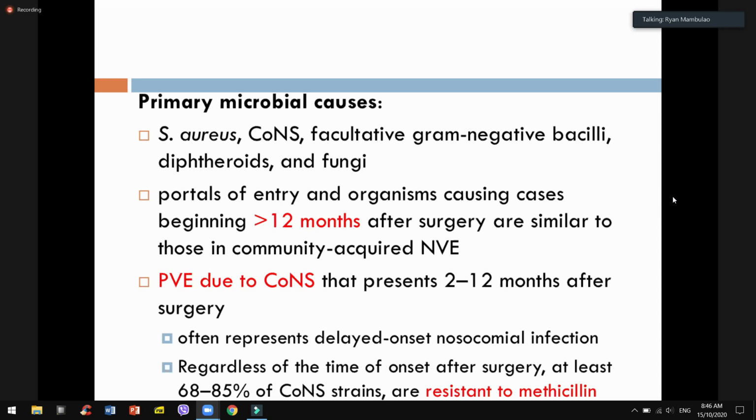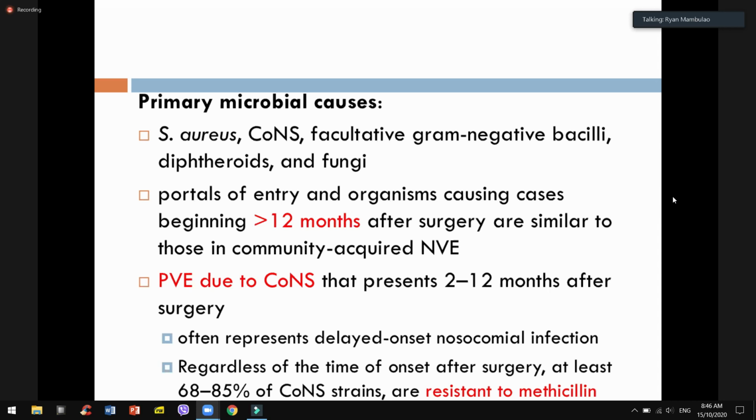Importante yun. Because if it's a prosthetic valve, hindi lang ang management mo like ceftriaxone lang. Dadagdagan mo siya ng drugs for consideration of a resistance to methicillin. Let's say you add vancomycin, mga ganun. So, ulitin ko lang, pag less than 12 months, the most common cause is coagulase negative staph.